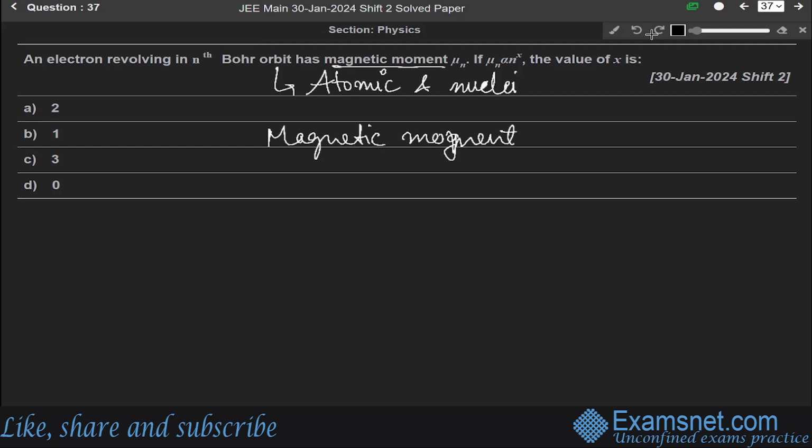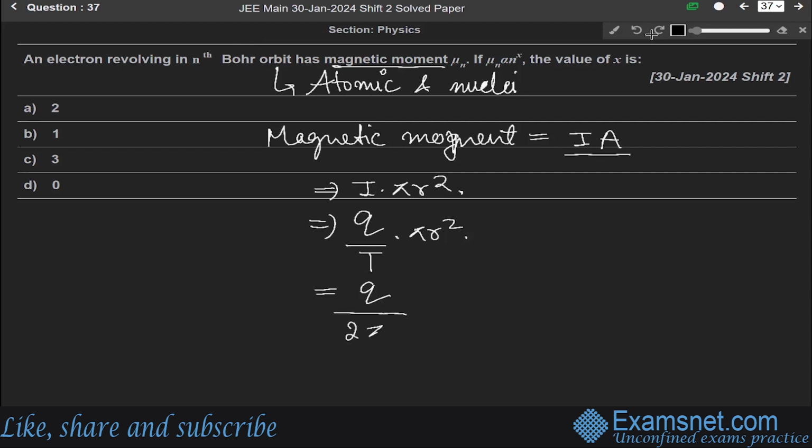Since the magnetic moment is equal to what? I into A, current into area. Area is pi r square. And I is what? Charge over time, q over t, into pi r square. And t is what? Circumference over v, into pi r square.